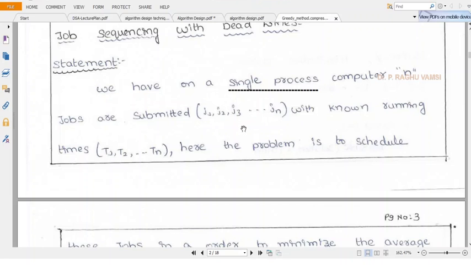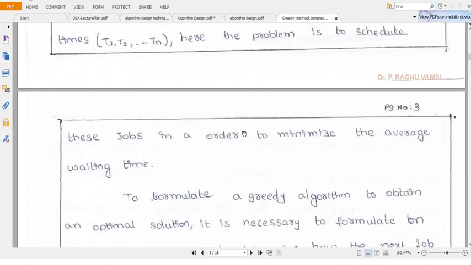So the problem is like this: we have a single processor computer and jobs J1, J2, J3 and so on up to Jn, with known running times T1, T2, T3 and so on up to Tn. The problem is to schedule these jobs in an order to minimize the average waiting time.